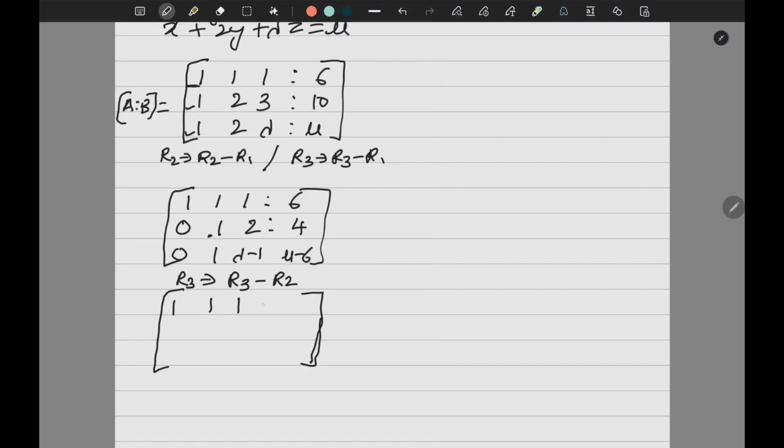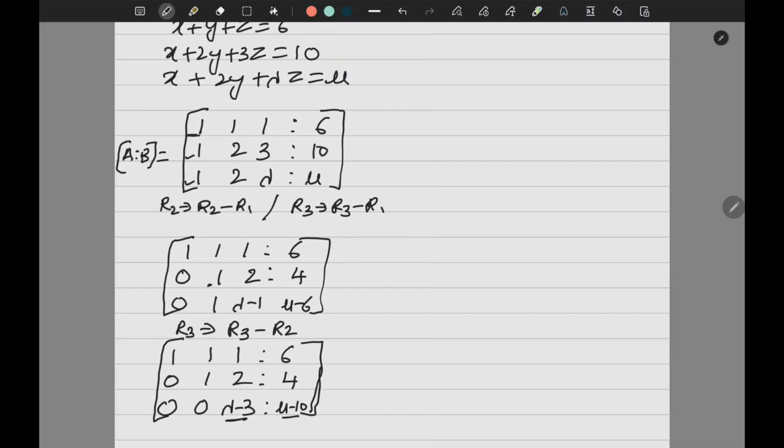So 1, 1, 1, 6; 0, 1, 2, 4; 0, 0, lambda minus 3, mu minus 10. Now, after this, I cannot do anything because I have the unknowns here. Now let us discuss the different cases. Now tell me, what did I explain when I will have the unique solution?